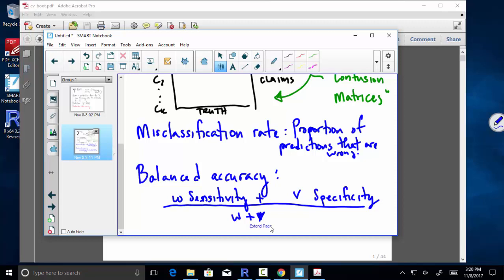A weighted average of sensitivity and specificity. Simplest case would just be the straight average, sensitivity plus specificity divided by 2, with W and V equal to 1.